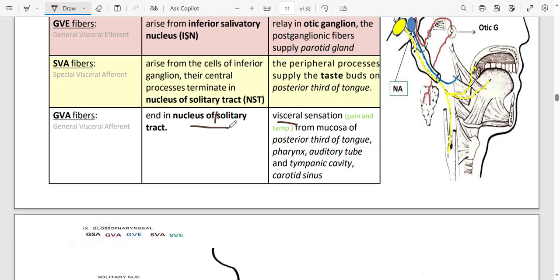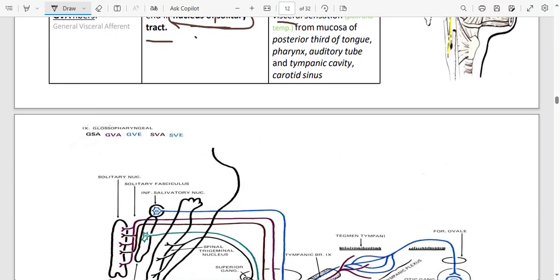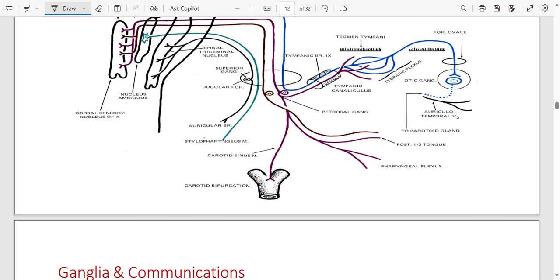In the same nucleus of tractus solitarius, you are having a general sensation and taste sensation. For the general sensation is the end of the nucleus. But for taste sensation, the fibers are coming from the inferior ganglion and then just terminating in this nucleus tractus solitarius.